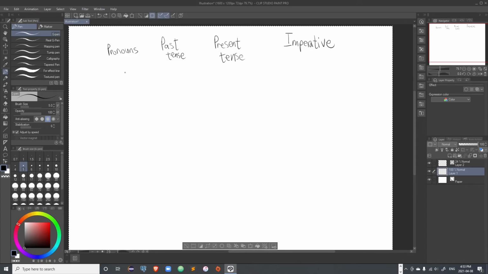So I will quickly write the pronouns here, and I'll probably write the singulars and then the duals or dualities and then the plurals, because I may be running out of space.